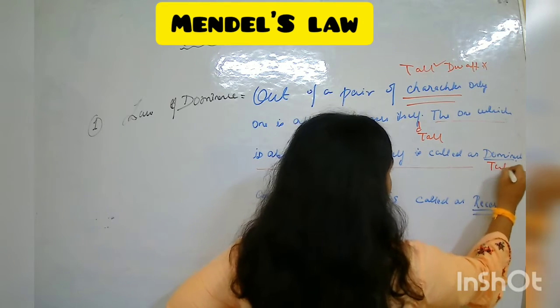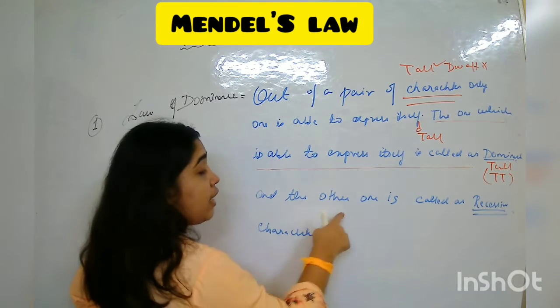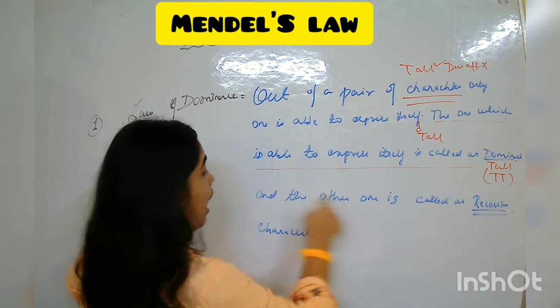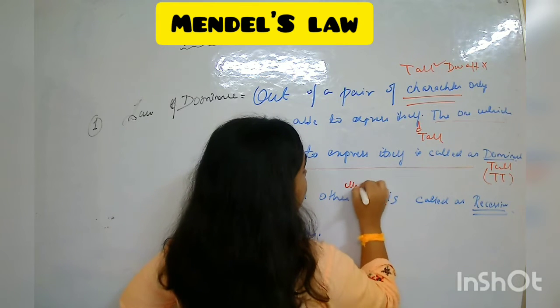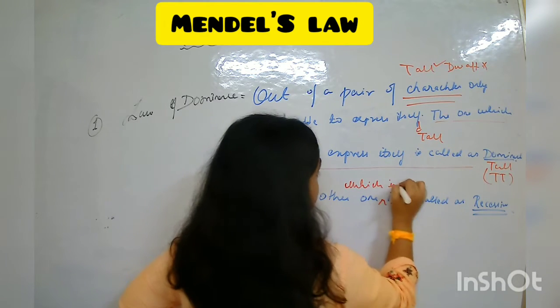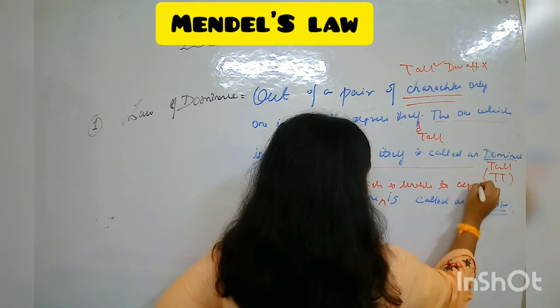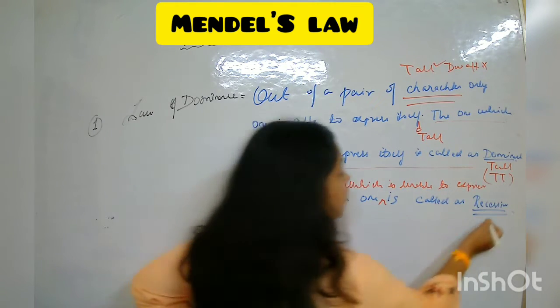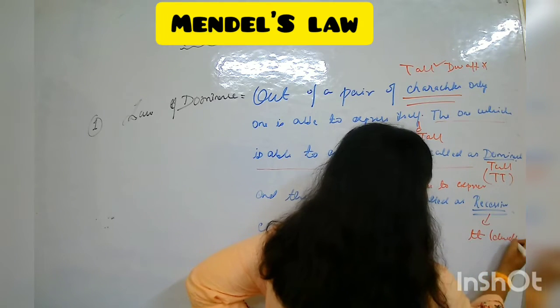The one which is able to express itself is called dominant. So which one is the dominant? Tall. That is why we have written capital T. The other one, which is unable to express itself, is called recessive. So definitely the small t, which was dwarf, is the recessive one.